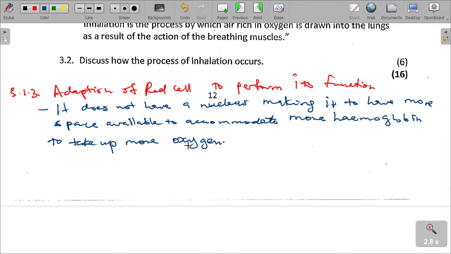So what we are saying is that the red blood cell does not have a nucleus, which makes it have more space available to accommodate more hemoglobin, such that it can take more oxygen.